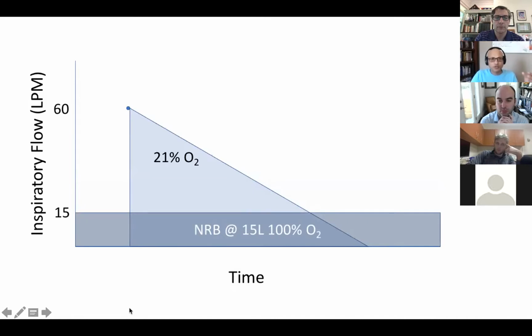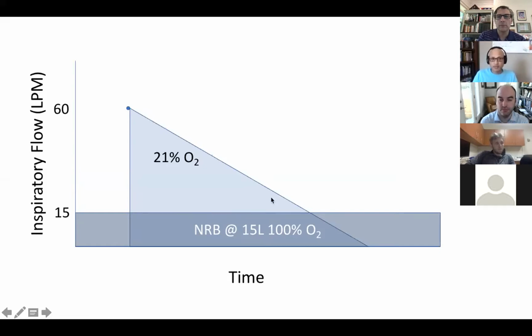If we expose those folks to 15 liters per minute of oxygen via a non-rebreather, the proportion of gas that they receive that's 100% oxygen is substantially lower, whereas the proportion of gas they receive that's 21% oxygen is substantially higher. So therefore, their FiO2 is much lower.